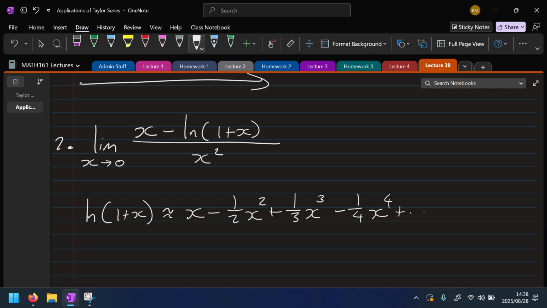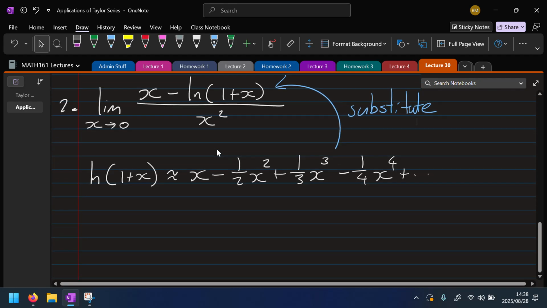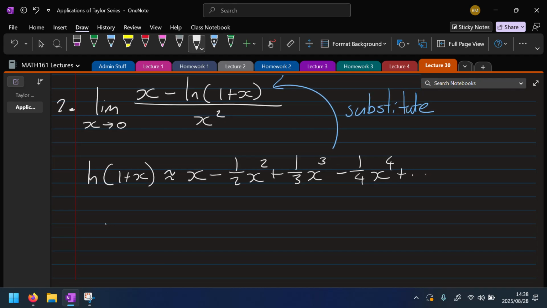Let's substitute the Taylor series into the limit, see if it makes it any easier. Okay, again, the idea is to replace the complicated functions with their Taylor series. Okay, so we're going to have x minus the natural log of 1 plus x all over x squared is now approximately equal to, because we're using an approximation there.